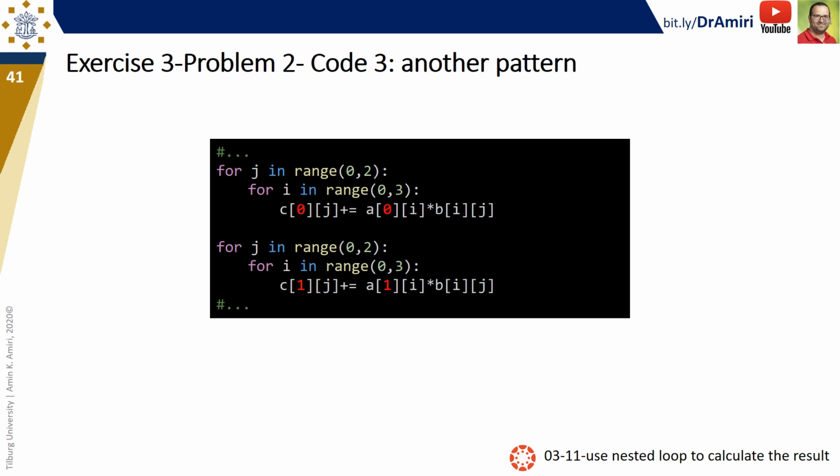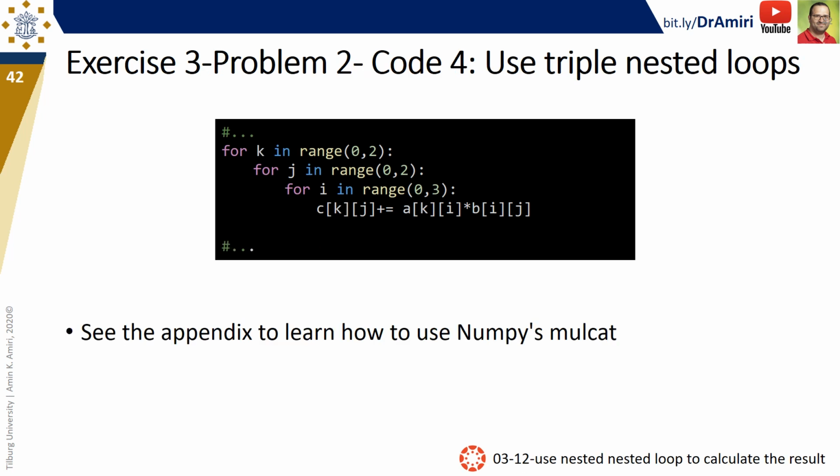I need a third for loop statement to turn this pattern in continuous lines into shorter code. So that's the result. You see that I have three for statements here, so it's a triple nested loop.